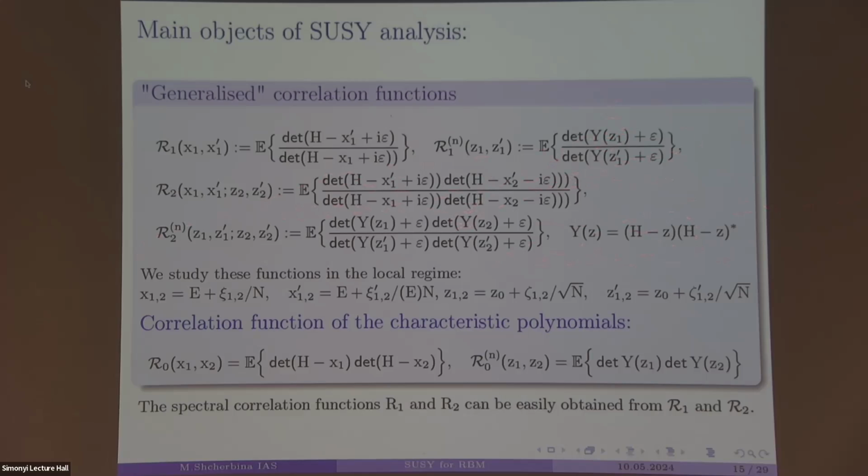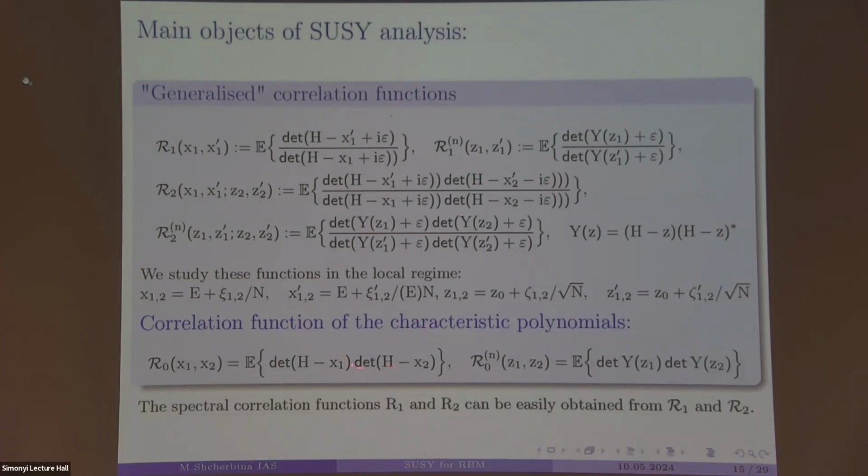For the third, 3 determinants in the numerator, 3 in the denominator, and so on. If you study the local regime, again, consider the arguments which are very near to some point of the limiting spectrum.